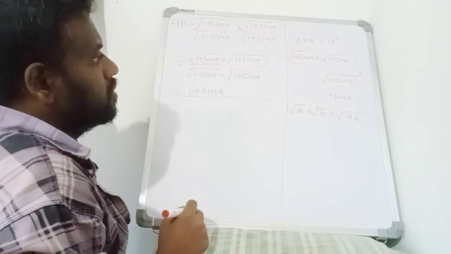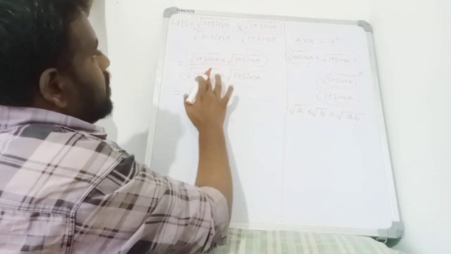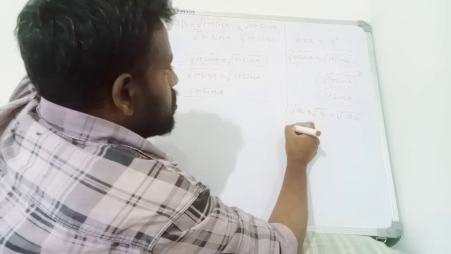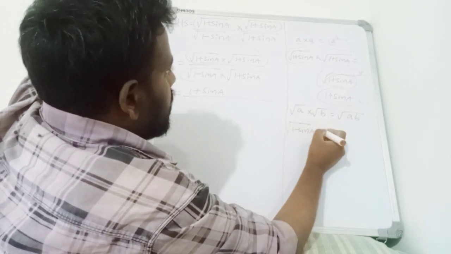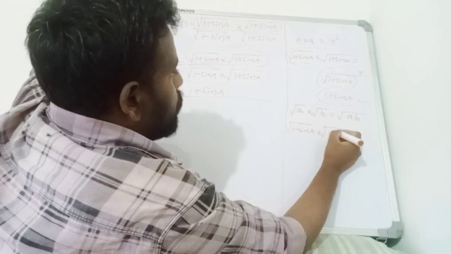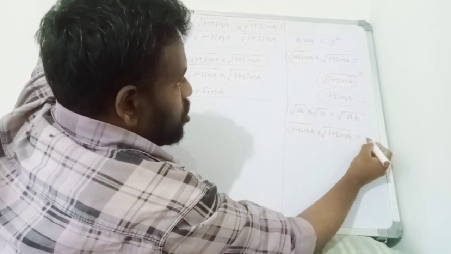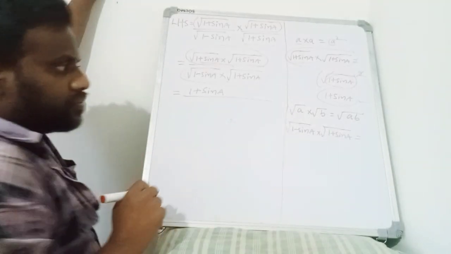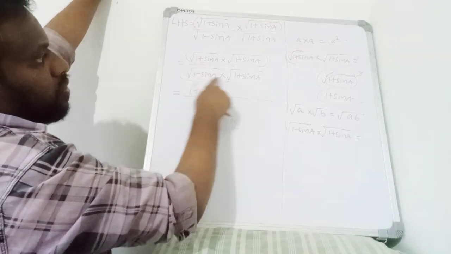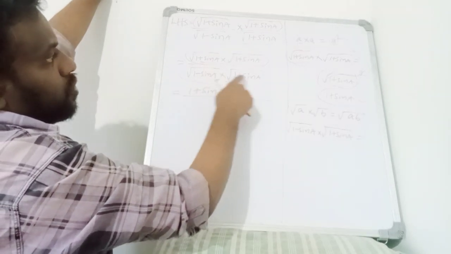Okay, now I will write this here, square root of 1 minus sin A into square root of 1 plus sin A. Because of space issue here, I will write down, okay, is equal to what? We have to find out this answer. What is this into this?